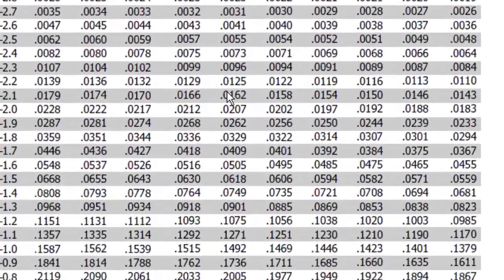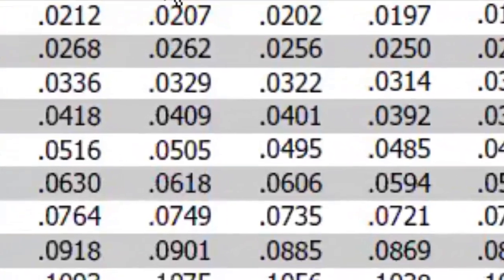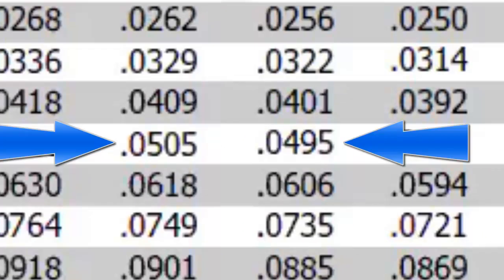What I'm looking for inside of the table is something close to 5%. Now, I may not get it exactly, but I'm looking for some number inside of here, 0.05. And it's really close right here.